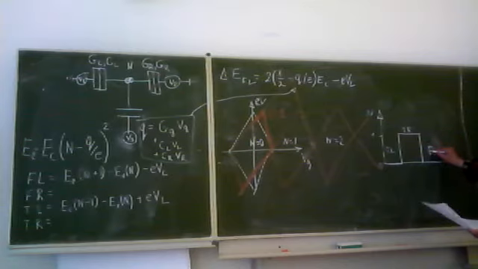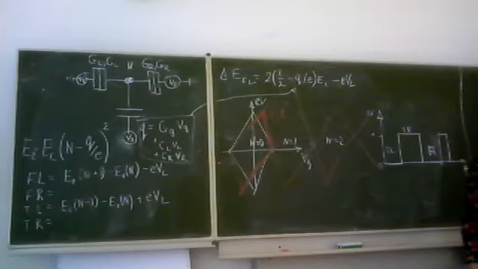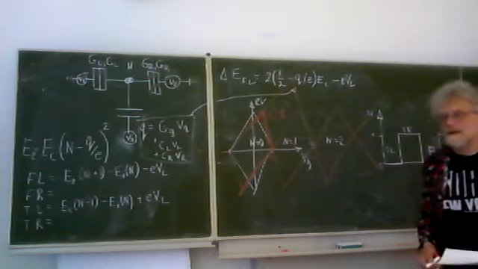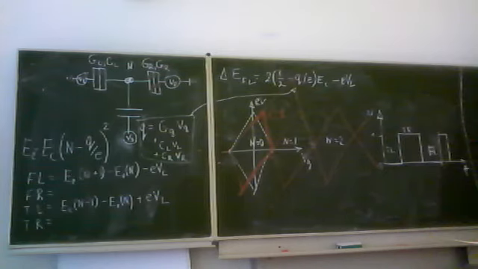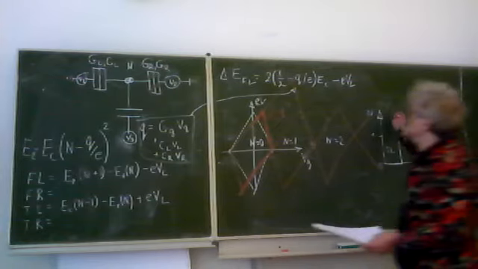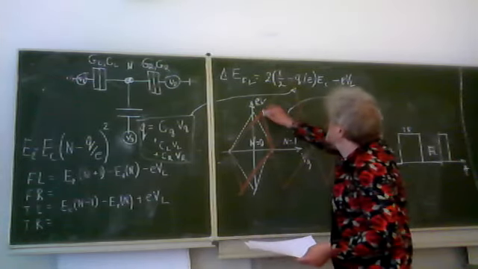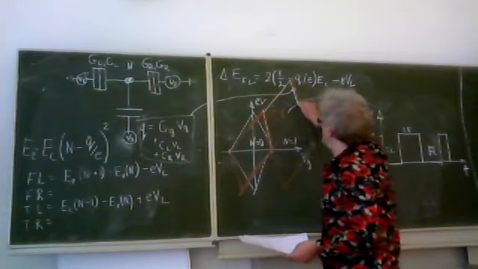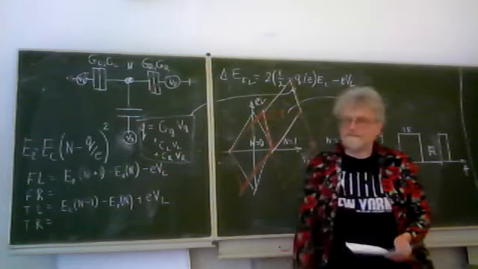Then again it is 0 and waits for a transition from the left and then to the right. So the rates in these states are pretty much constant, but the time intervals are random. So this is how transport occurs in this particular Coulomb diamond.